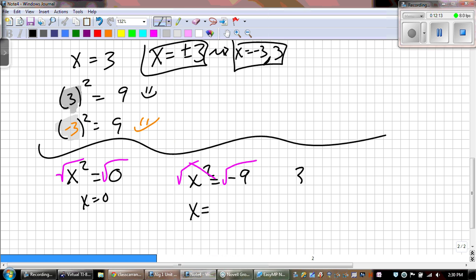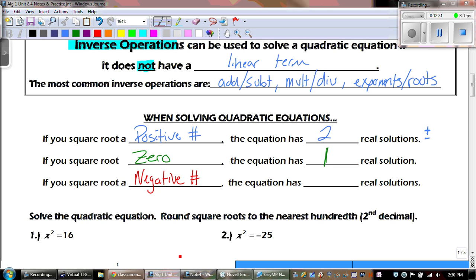Well, because there's no number that I multiplied by itself to get a negative 9. Okay? Even negative 3 times negative 3 equals a positive 9. No number by itself will ever get you a negative number. No real number. So the answer here, the equation has no real solution. When you move on to Advanced Algebra 2, you'll learn what some of those solutions are, but not right now.